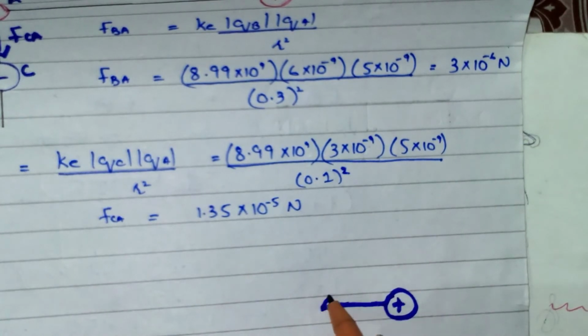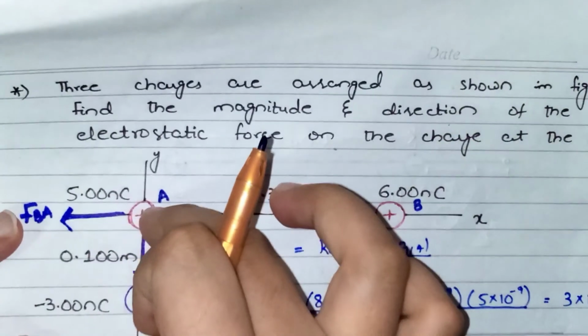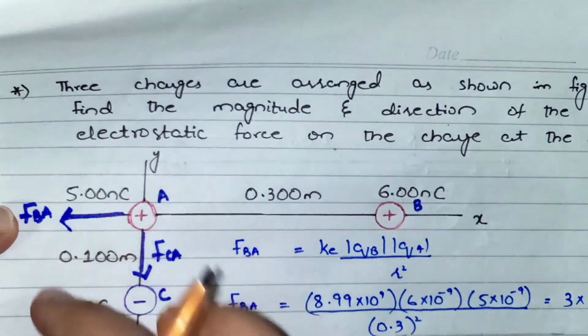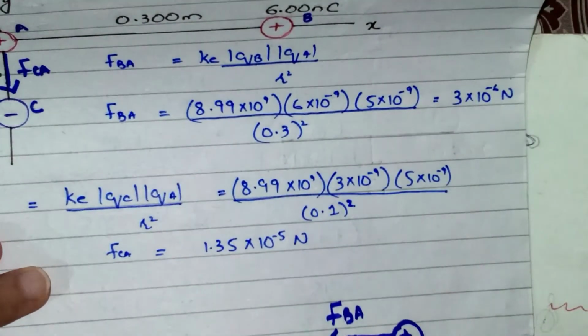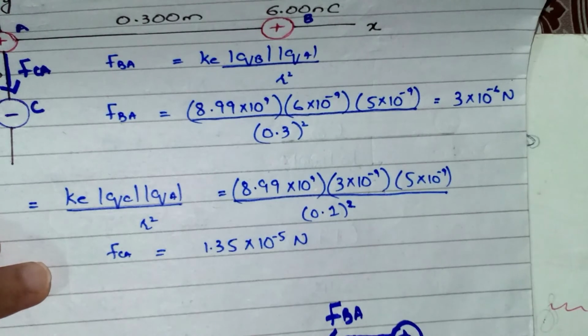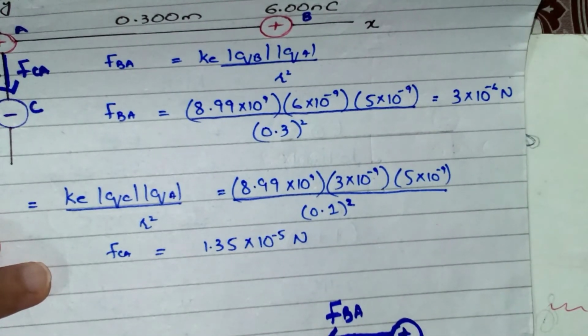This is my first force, that is FBA, and in head to tail fashion we need to drag this force FCA here, because the tail is connected to the head. So this is my force FCA, and the resultant is drawn from the origin to the head of the other force. Excuse these arrows, and this is my theta.